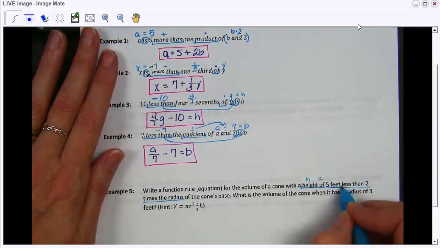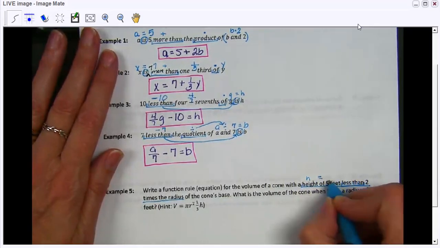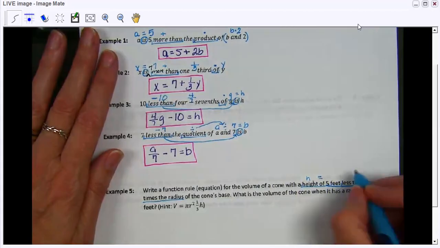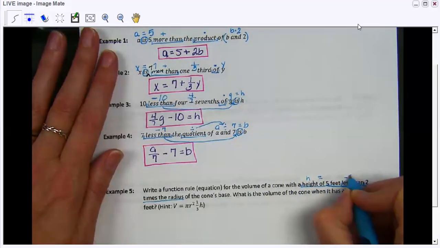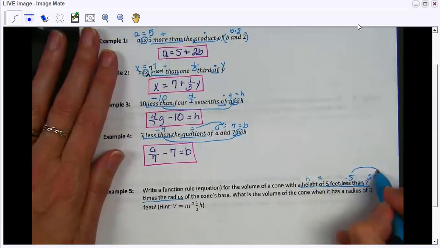So remember, we have less than here. So we're going to take 5, and we're going to subtract it from 2 times the radius. So we have minus 5, and then we have 2 times the radius, which would be 2r. And we're going to move that back here.